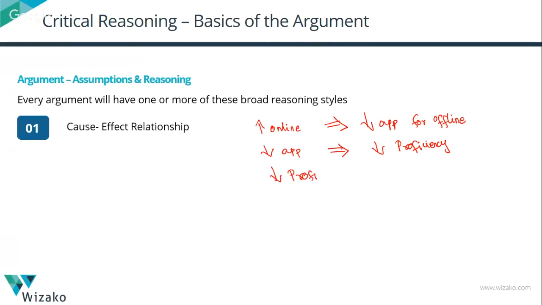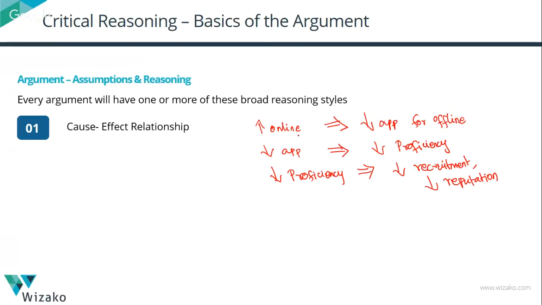And we are saying because there is a decrease in proficiency, that is leading to a decrease in recruitment of the students, their job offers are coming down, and ultimately that is leading to a decrease in the reputation of the university. All of these are the cause-effect relationships that are being used by the author.